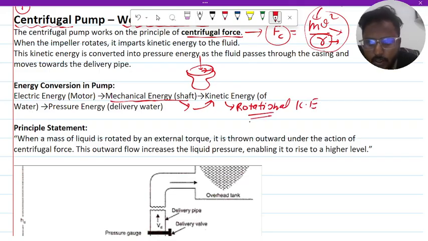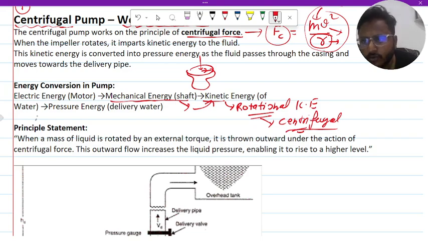If this is rotational kinetic energy attained from centrifugal motion, then the pump is known as a centrifugal pump. So this kinetic energy must be rotational kinetic energy generated from the centrifugal motion of the pump.